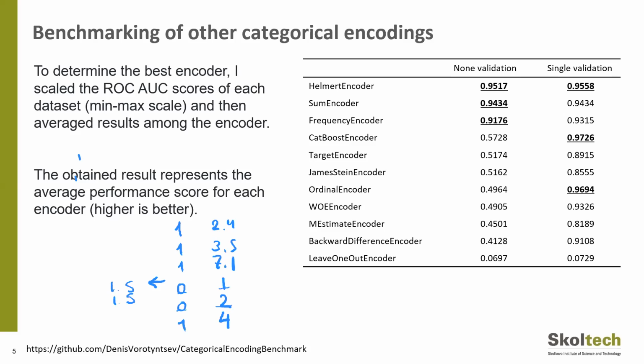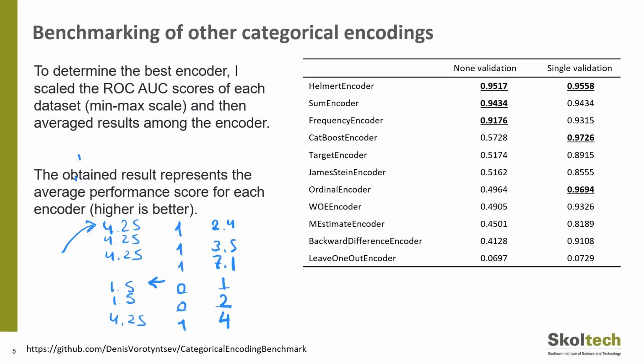We sum all these numbers and divide by the number of ones in our training sample. So it would be 5 plus 7, 12 plus 16, okay, 17 divided by 4, so it's 4.25. And so we have this encoding for our categorical features, and it works well.